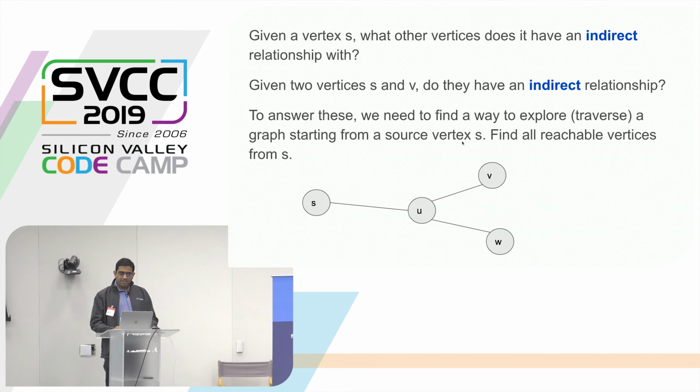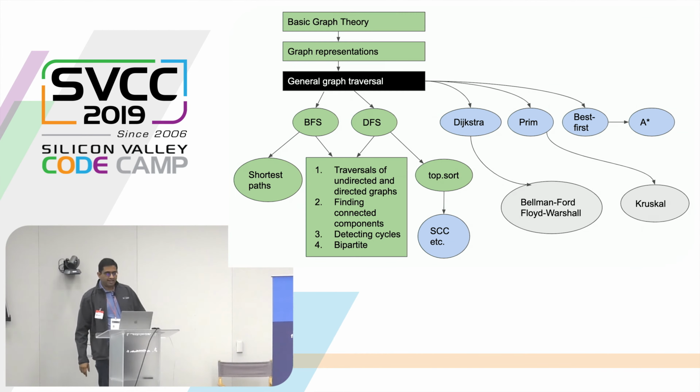We need to find a way to start exploring the graph from the given vertex S, and discover all reachable vertices from S. And that requires an exploration or a traversal of the graph.